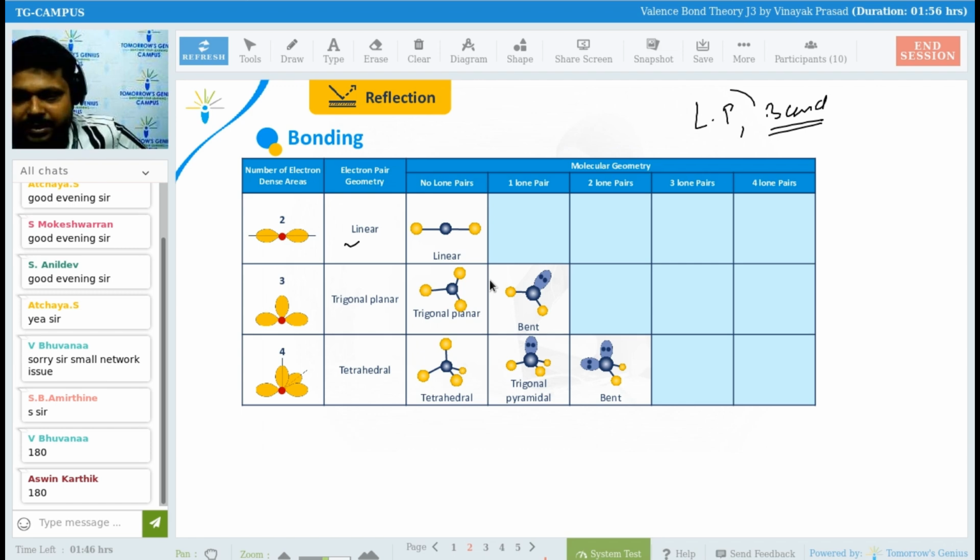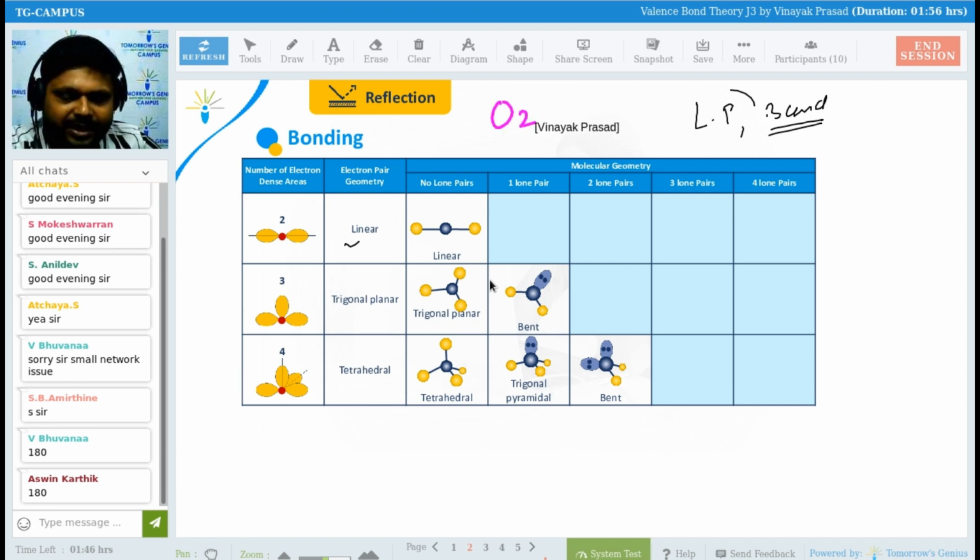If I am asking about lone pair, then what is the lone pair? Can anyone tell me? Let's suppose, see guys, see first here. Just a minute. O2 molecule is there, right? Can we find any lone pair there?